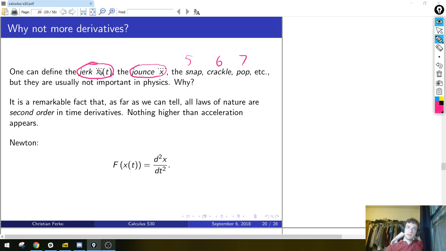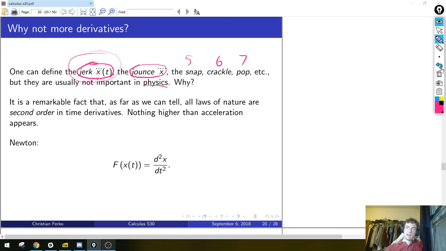So jerk and jounce are things which exist and can be measured, and non-trivial motion is going to have non-zero values for these functions. But from not an engineering perspective, but a physics perspective, physics means just trying to write down the laws of nature that tell you how things behave. And if you're trying to do that, you actually never need jerk for fundamental theories, at least.